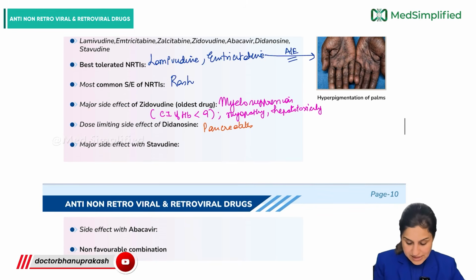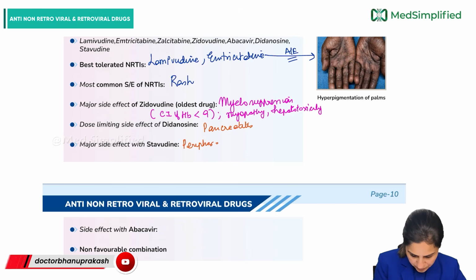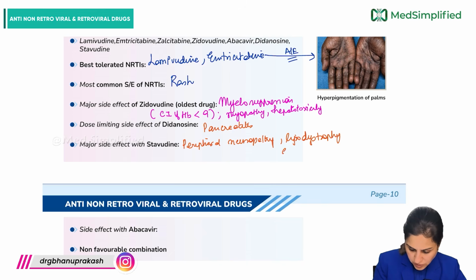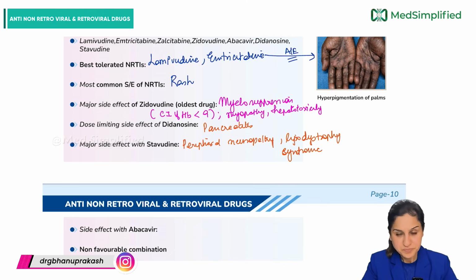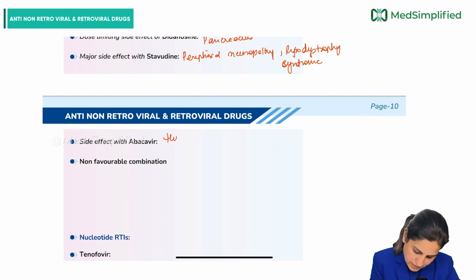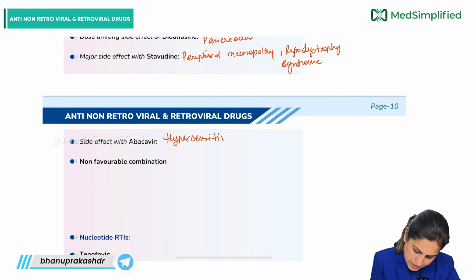Major side effect with stavudine, again, it can cause peripheral neuropathy and lipodystrophy syndrome. Side effect with abacavir, it can cause hypersensitivity reactions.